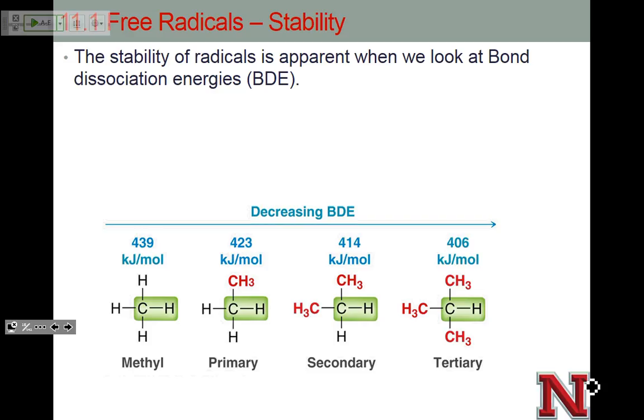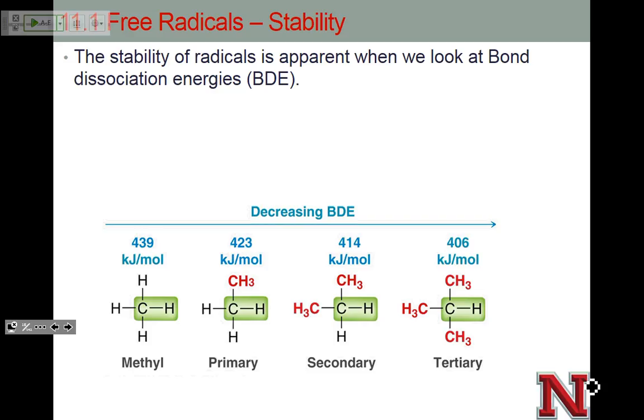So what we can look at is our resulting radical. The more stable the radical, the easier that bond is going to be to break. The less stable the radical, the less likely that bond is going to be to break. So looking at bond dissociation energies, the lower the bond dissociation energy, the easier that bond's going to be to break.